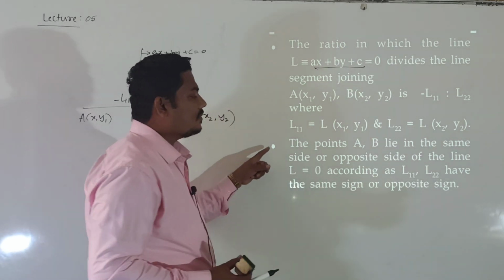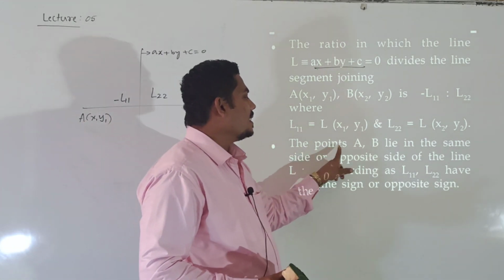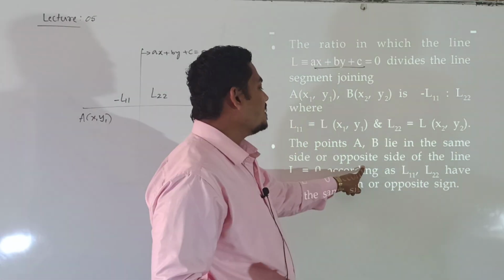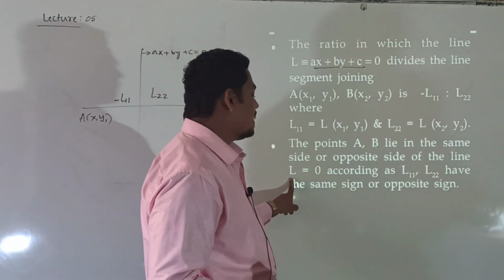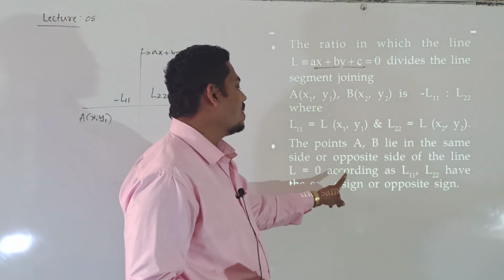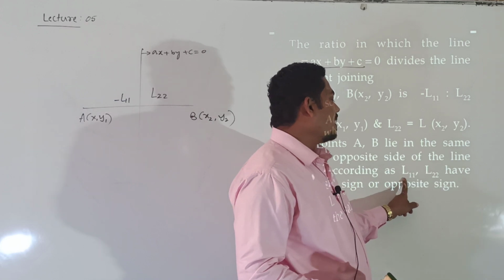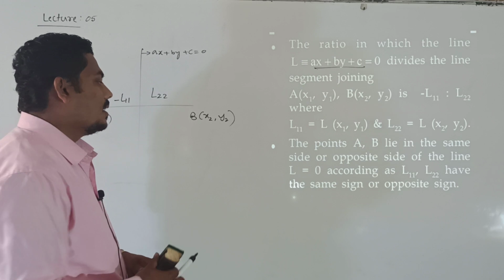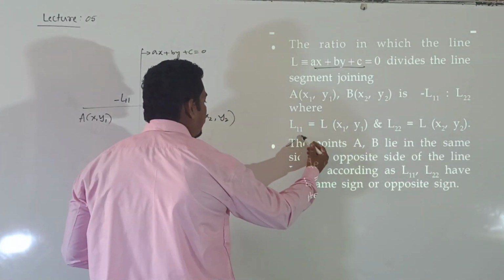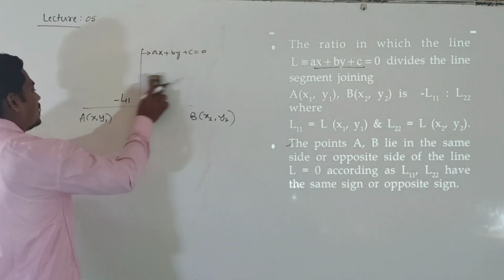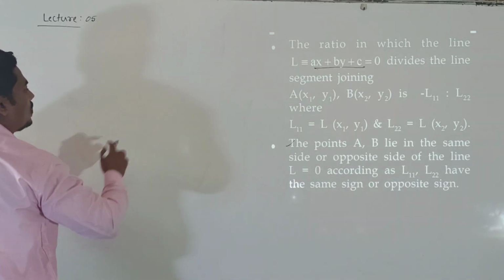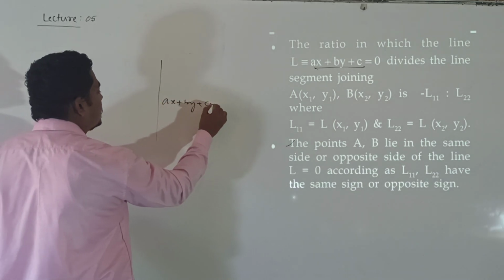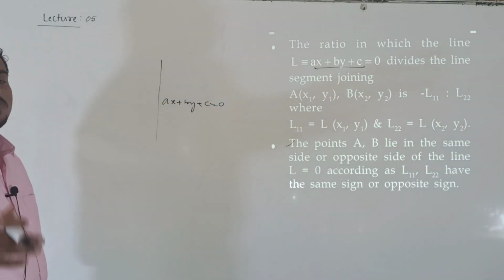Then the points A and B lie on the same side or opposite side of the line ax plus by plus c equal to 0 according to whether L11 and L22 have the same sign or opposite sign. I will explain this point. One line is there, ax plus by plus c equal to 0, and two points are there.